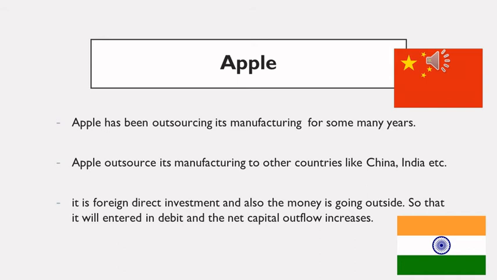It is foreign direct investment and also the money is going outside because they need to pay money to build factories in other countries. Also, they need to pay for the labor costs or maybe the materials, so it will be entered in debit and the net capital outflow will increase.